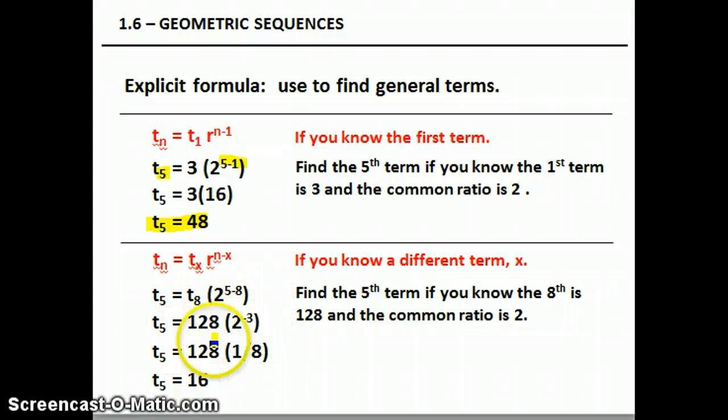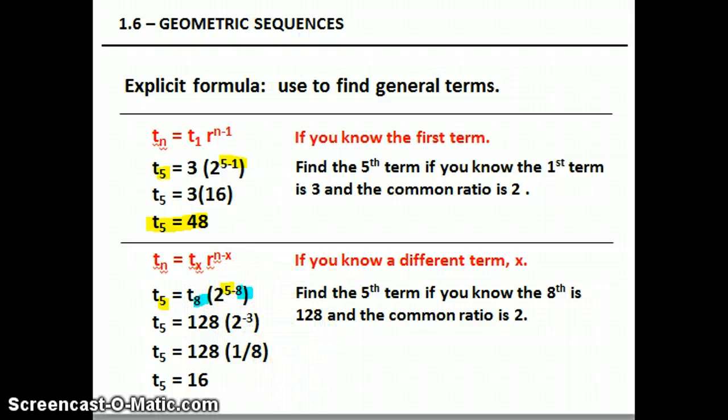Now we look over here. Let's say we don't know the first term. We're going to still find the fifth term, but we know that the eighth term is 128, and the common ratio is still 2. So we have to plug in, again, what we know. We know that if we're looking for T sub 5, then our n is going to be 5. We know that if we're looking for T sub 8, then we know that our x is going to be 8.